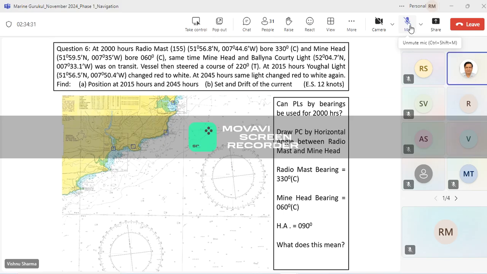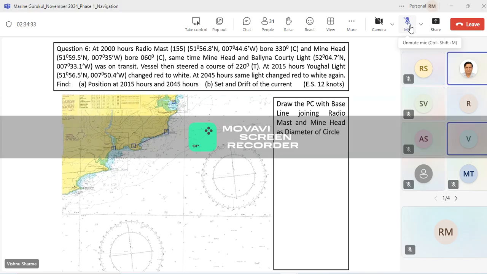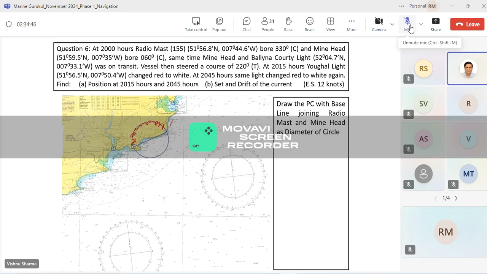Here you see the two points, we join them. This is the diameter, we find the center. And now we draw the circle only on the side of the vessel. This becomes the PC. I'm somewhere on this arc. I cannot be on the cancelled one. That is not to be drawn, right? Yes, sir.